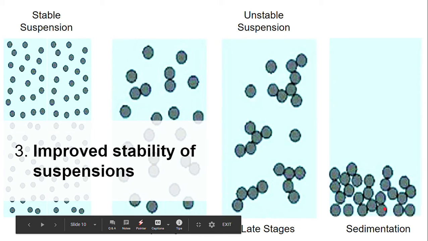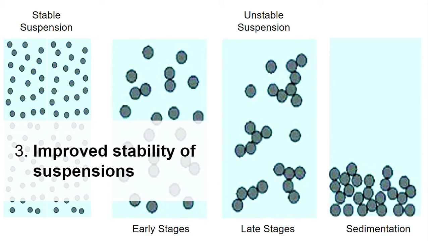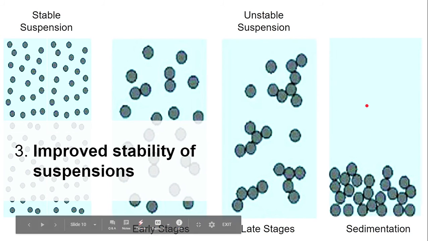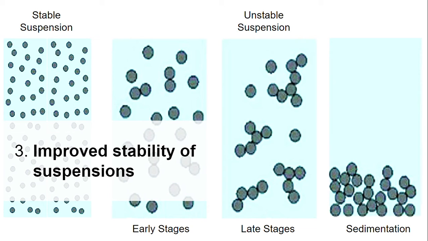It means that both the phases are going to be separated. The supernatant consists of the clear liquid, while the sediment consists of the insoluble solid particles which have settled down. So to avoid this, we try to reduce the particle size, and by reducing the particle size, we try to keep the particles in the suspended state as far as possible.